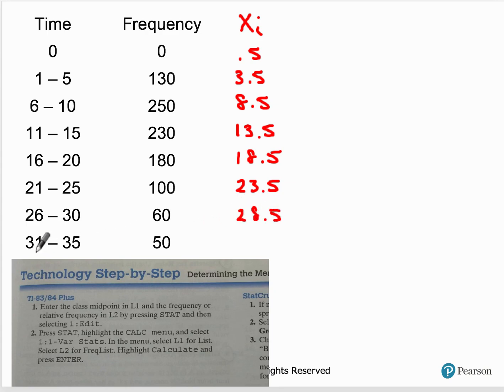And once again, if we put 36 down here, we'd have 67 divided by 2.